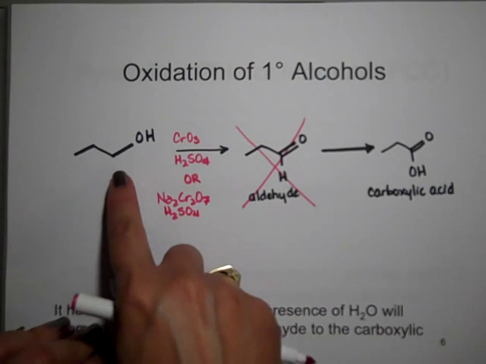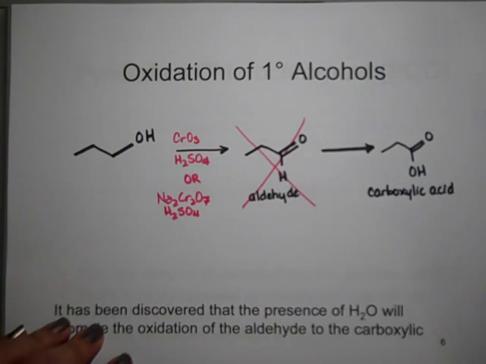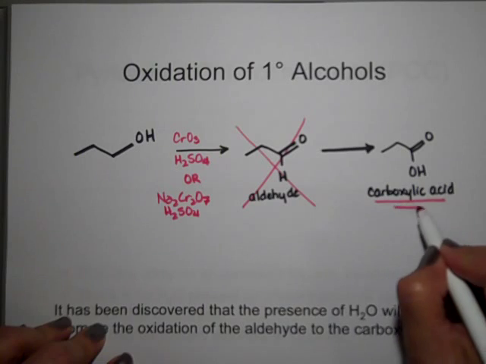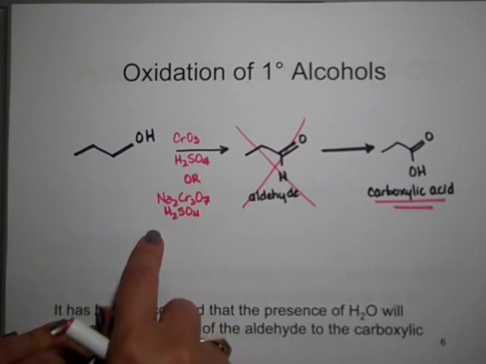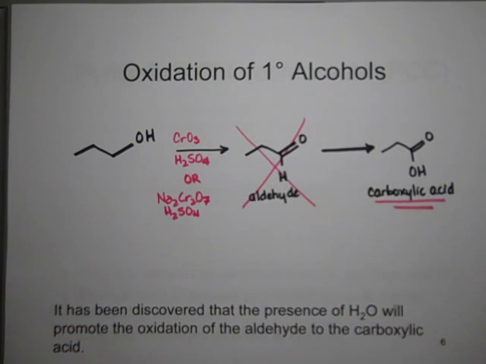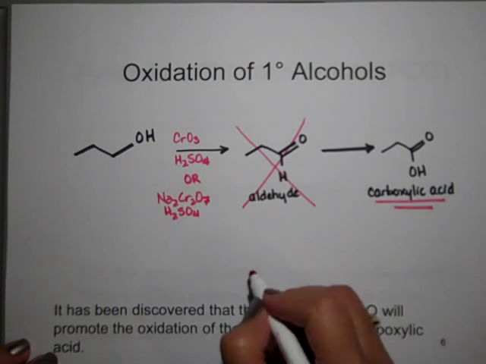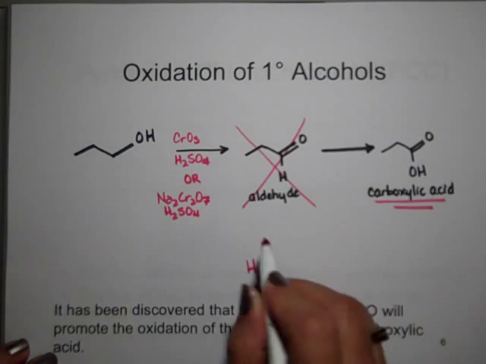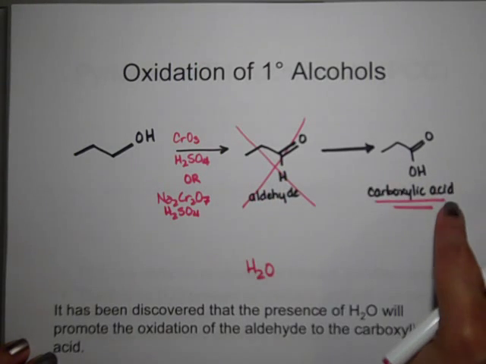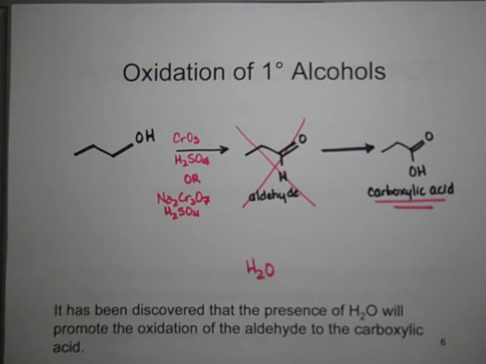What you actually get from this reaction is the carboxylic acid at the end. So these two reagents actually over-oxidize to the carboxylic acid. And it has been discovered that it's the presence of water that actually promotes the over-oxidation of the aldehyde into the carboxylic acid.